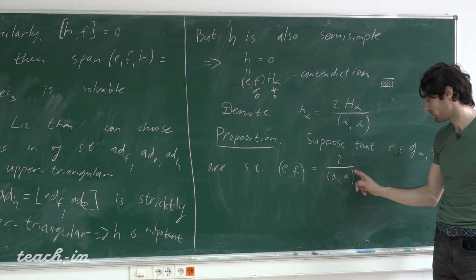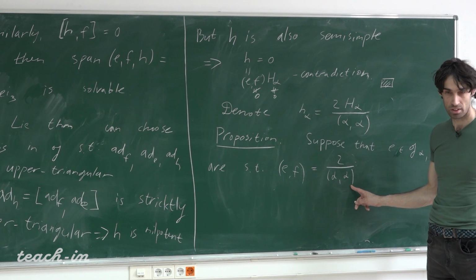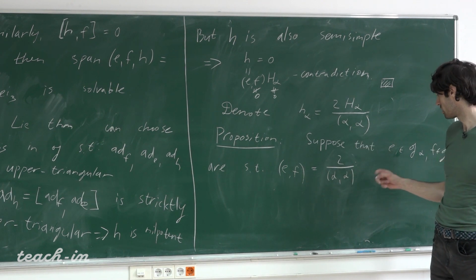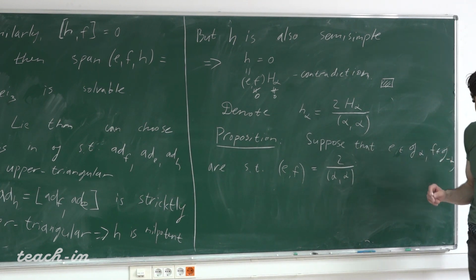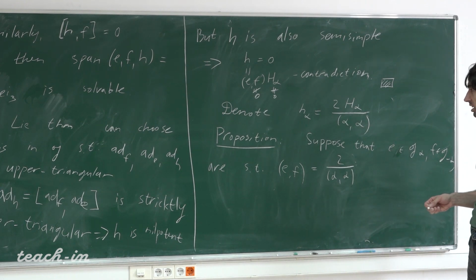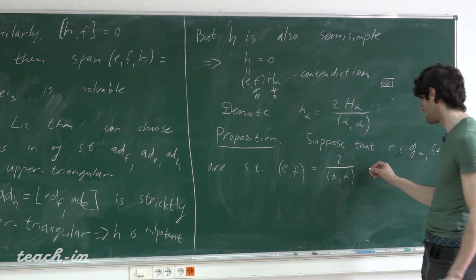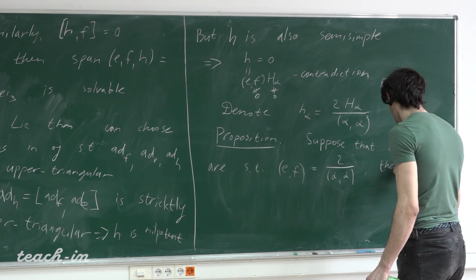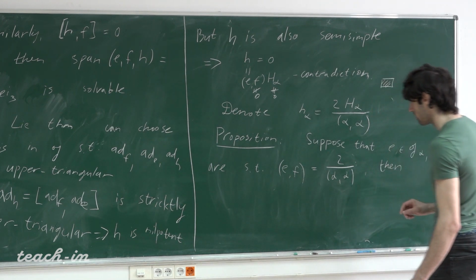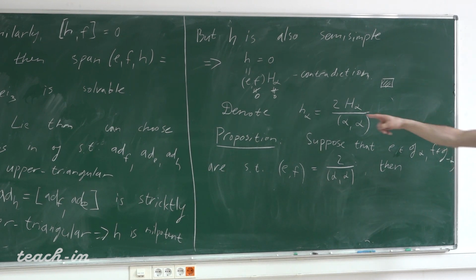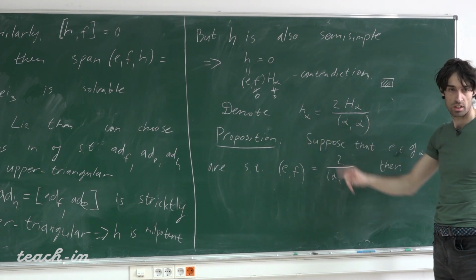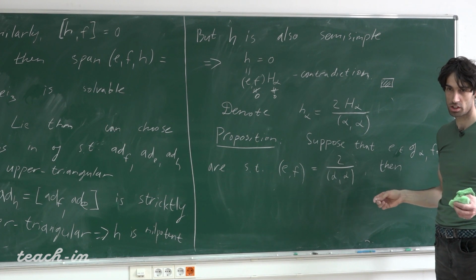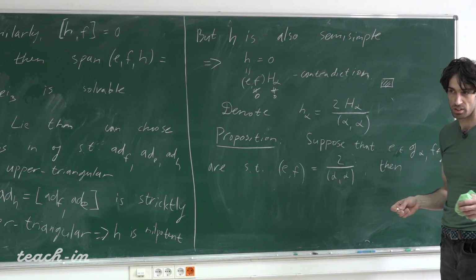So this I can do because this is some non-zero number. And again, the pairing is non-degenerate on g alpha tensor g negative alpha. Right. Then, for such E, F, and h alpha small like this, we have commutation relations like in SL2.